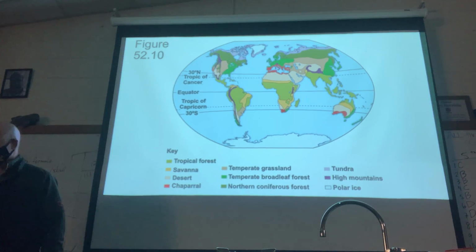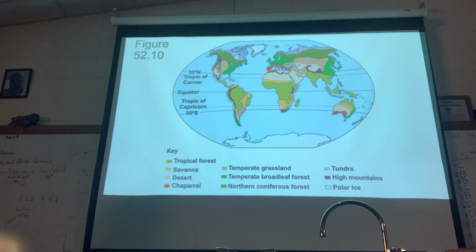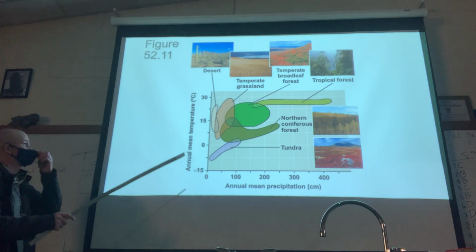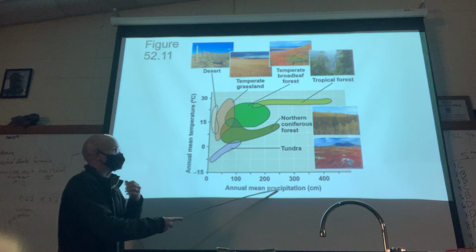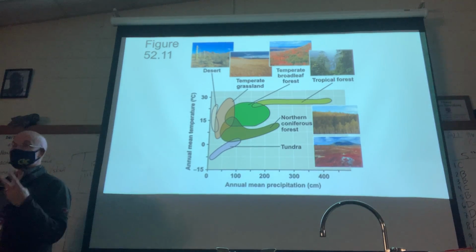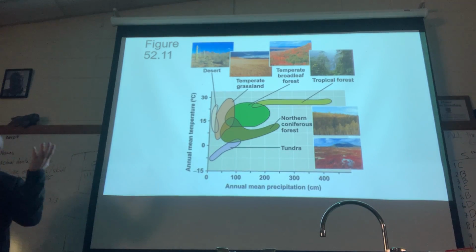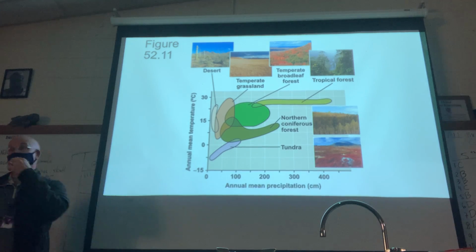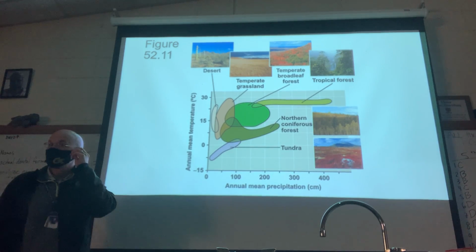All right. Now, what really determines the biome? Well, it's two things: temperature and precipitation. Those two things are basically how you can define a biome.